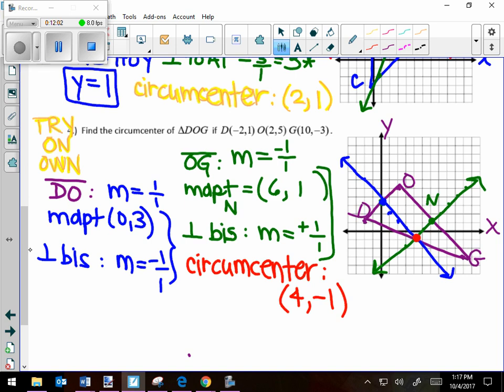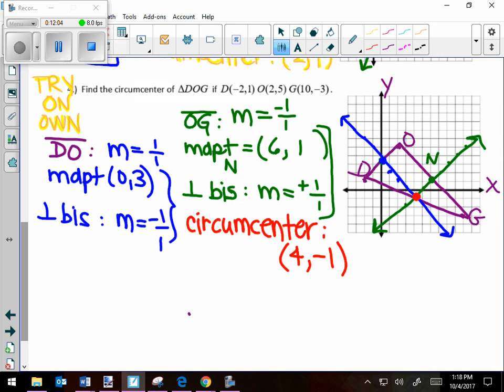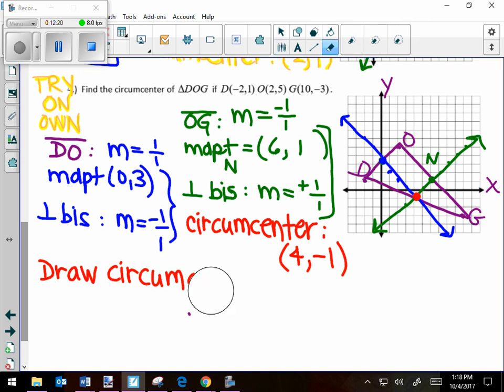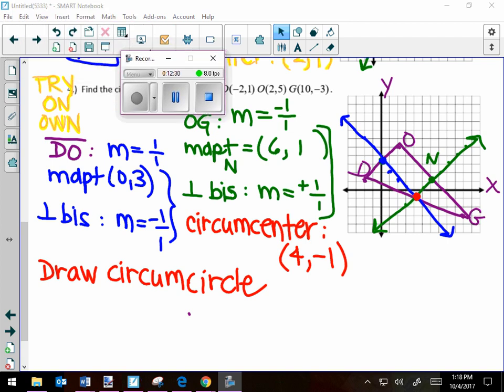Now, in this case, I'm going to add one more component to this question. If this question asked you to draw or construct the circumcircle, just as a little review or reminder, what I would do to draw that would be to take my compass. I have to find my compass.